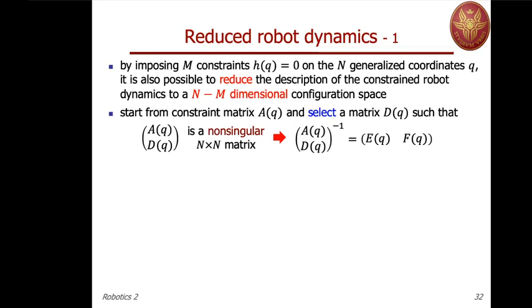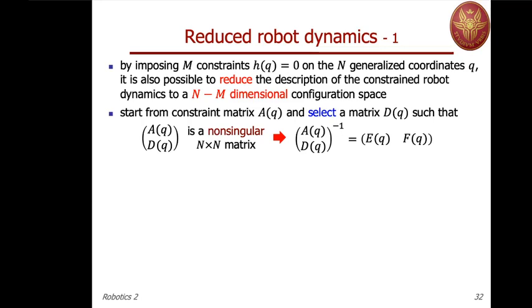The inverse can be partitioned according to the number of rows of A and D, in terms of number of columns of the inverse. The first m columns will be labeled with E, and the last n minus m columns of the inverse will be labeled with F. Indeed, these are functions of q as well.